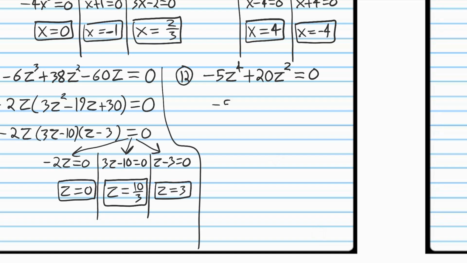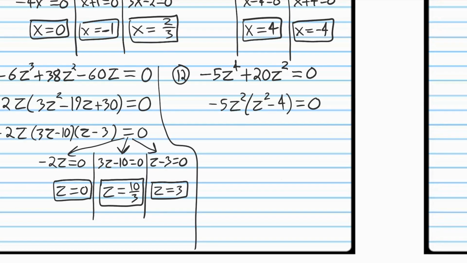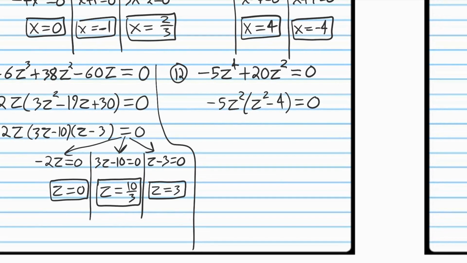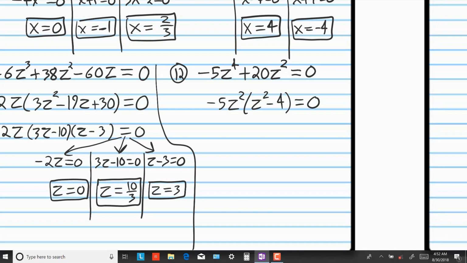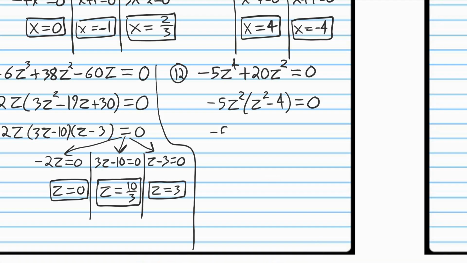All right, we're back. We're going to factor out a -5z squared, and then we're going to factor the difference of two squares, just like we learned in previous classes.